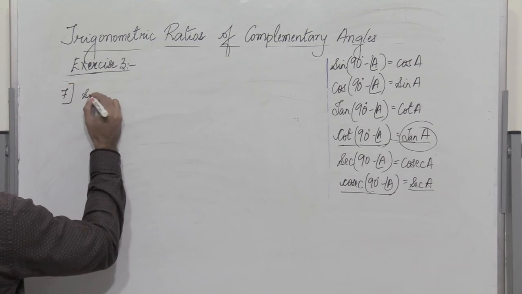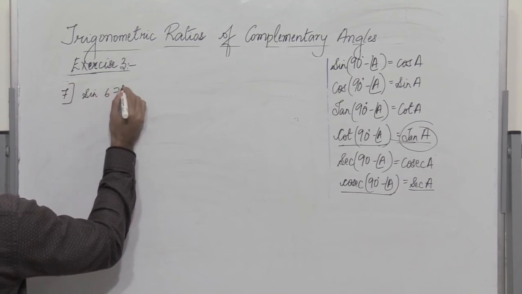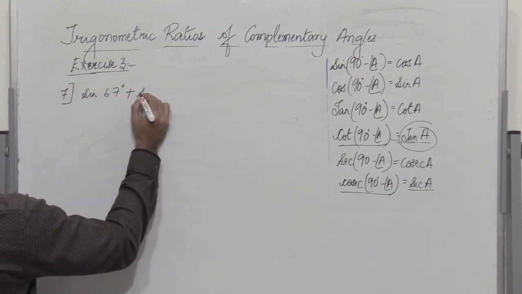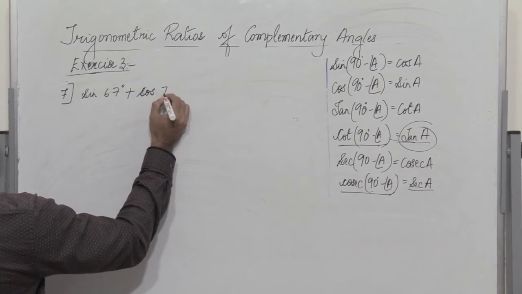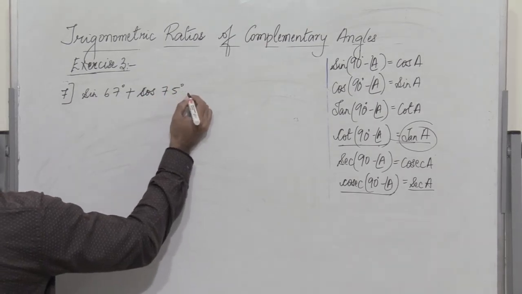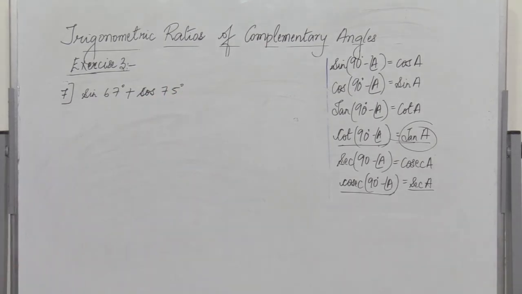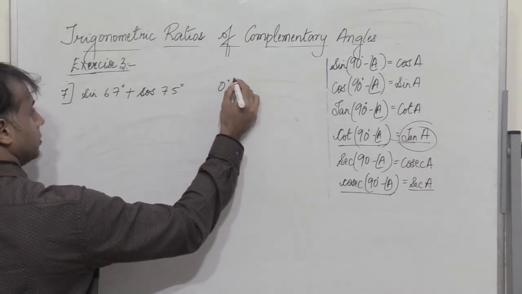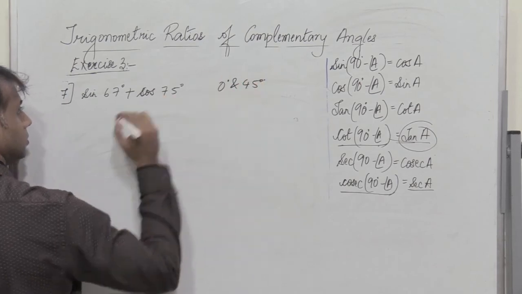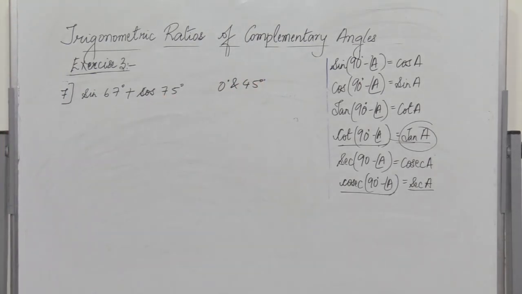I need to represent sine 67 degrees plus cos 75 degrees in terms of trigonometric angles between 0 and 45 degrees. So what do I do?